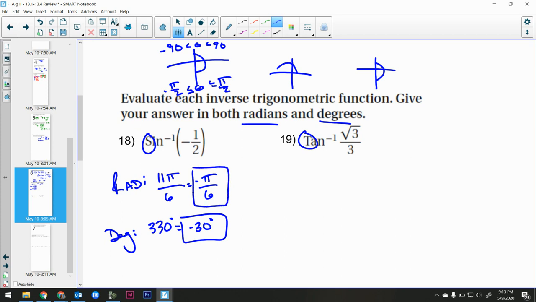That's my restricted domain. Now in tangent, notice here that the tangent is positive. Where is the tangent positive? First or fourth quadrant? First quadrant. And I know that because this is a positive positive. Positive divided by positive would stay positive. I just have to figure out which one's going to be the radical 3 over 3.